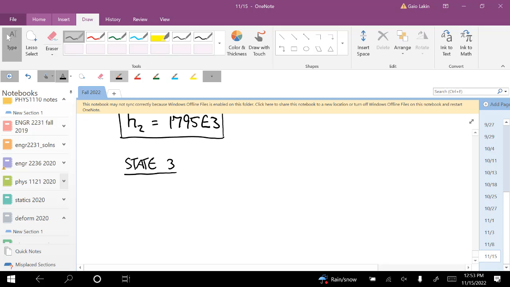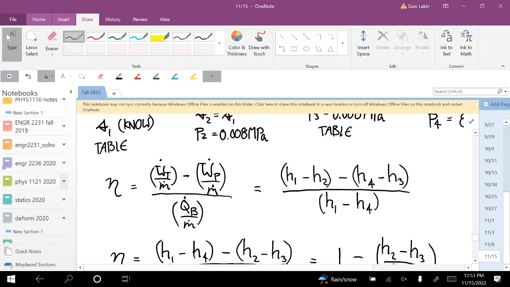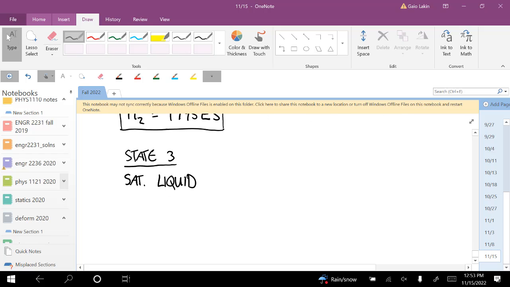So this is a saturated liquid. And H3, and we know the pressure. What was the pressure? It was that low one, right? Yeah, 0.008 MPa.